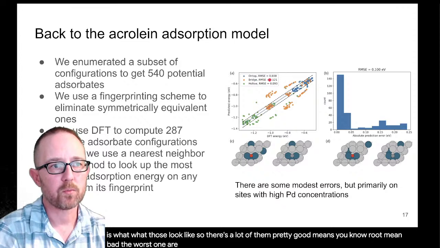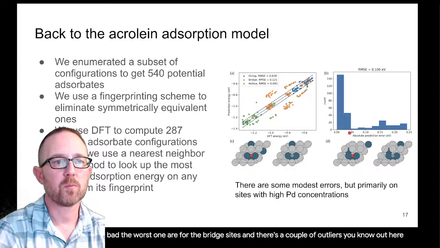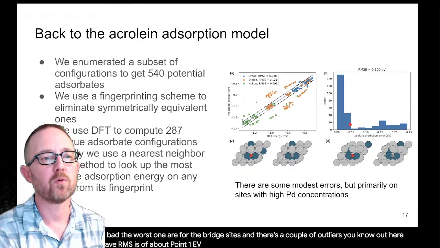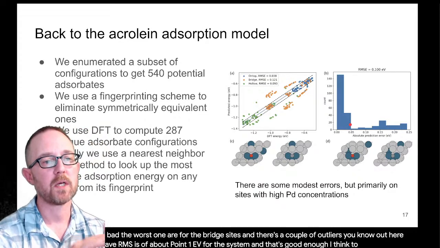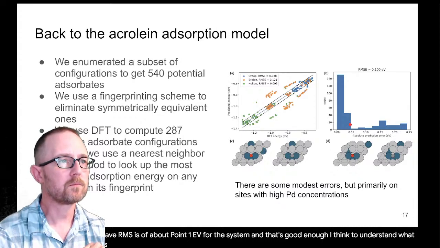The worst ones are for the bridge sites, and there's a couple of outliers out here, but for the most part we have RMSEs of about 0.1 eV for this system, and that's good enough, I think, to understand what the impact of adsorption is.